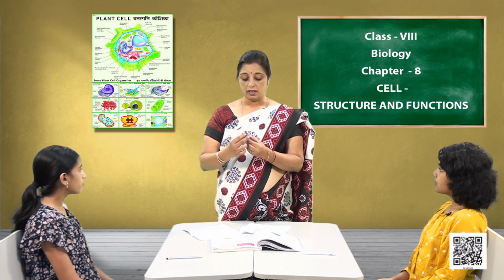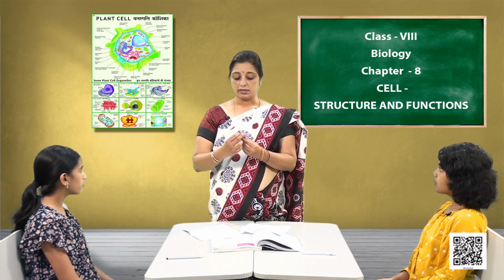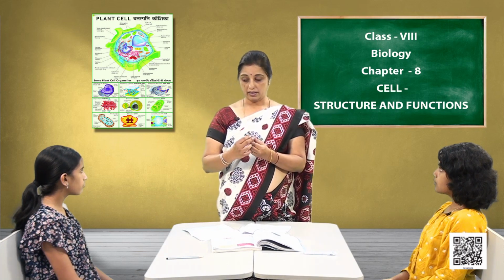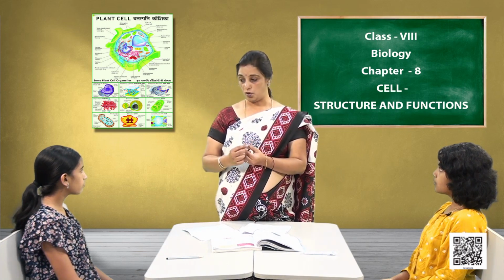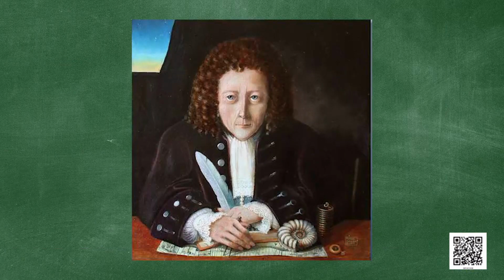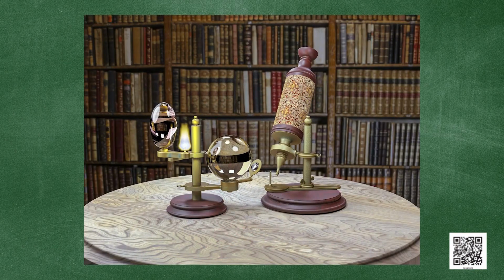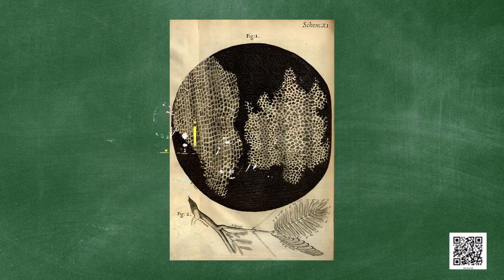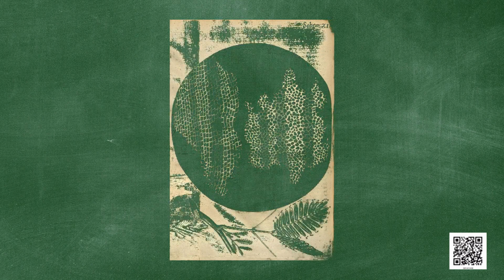So children, around 350 years back, a scientist named Robert Hooke observed slices of this bark under a microscope, and he could observe some empty room like structures. So he was the one to coin the term cell, because it looked like an empty room to him.